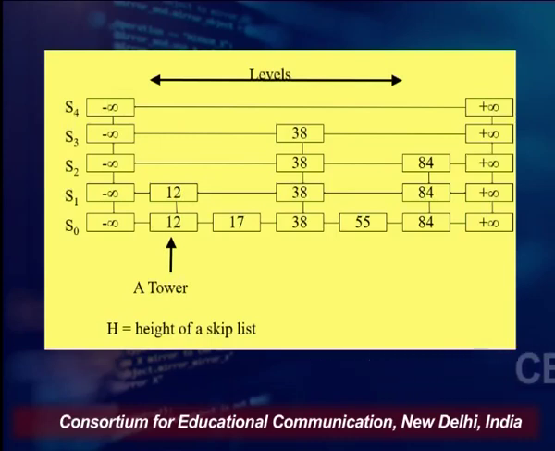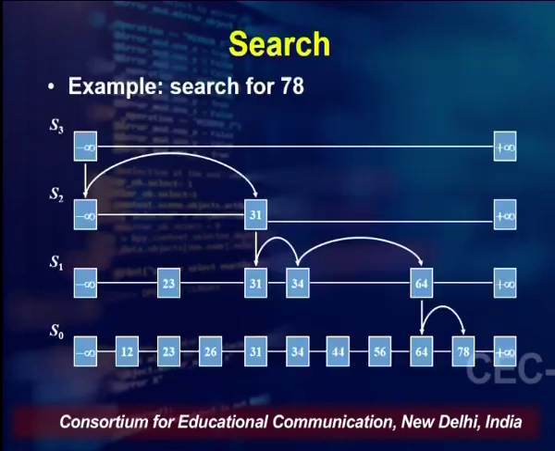Now, let us begin with searching of elements. It is very simple. We start from minus infinity, that is, from the leftmost, and with the help of the after P abstraction we go to the next element and compare it with the element we want to search.